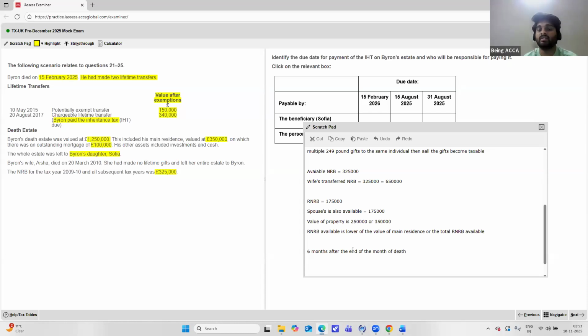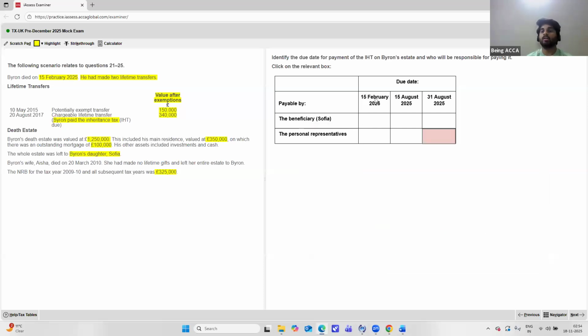Because Byron died on 15th February, the month end would be 28th February, and 6 months post this, it will be 31st August. Always remember it is from the month end and it is not 6 months from the date of death. It is always 6 months from the end of the month of death.